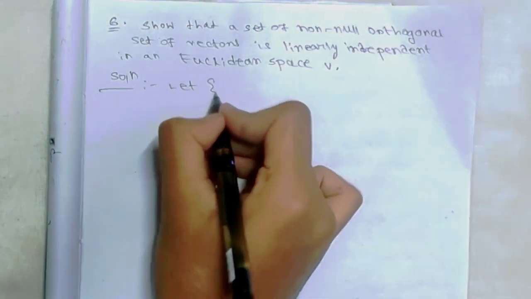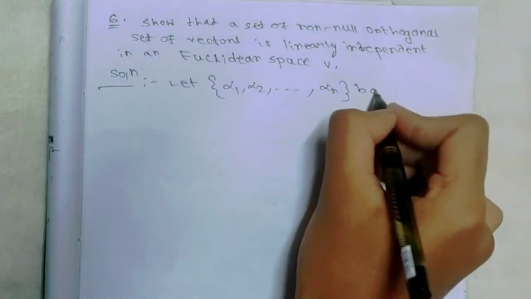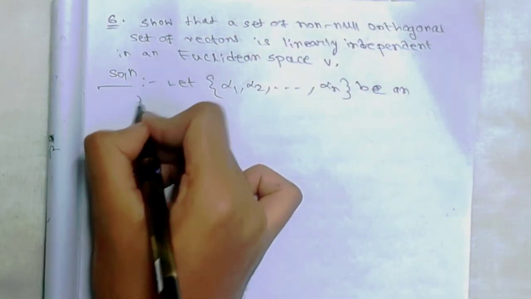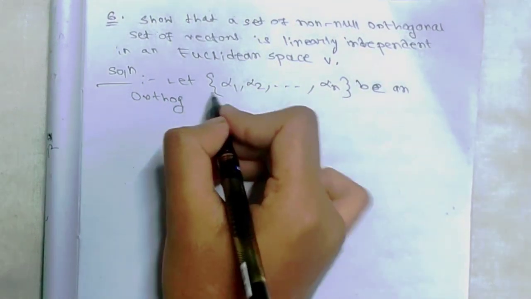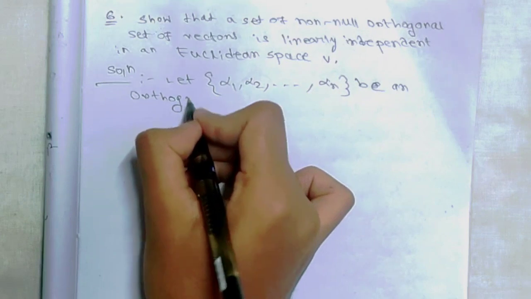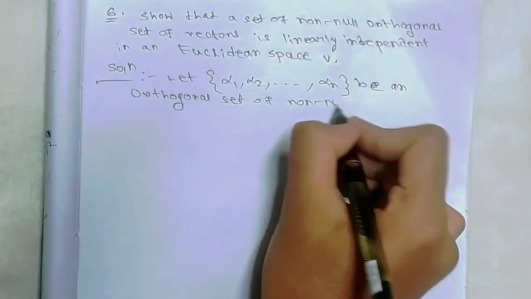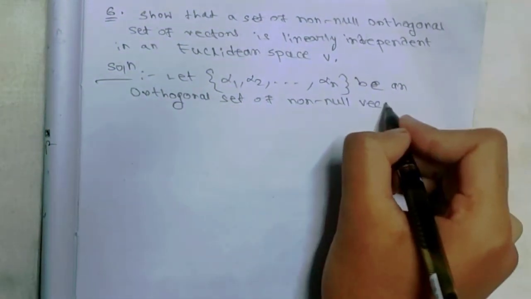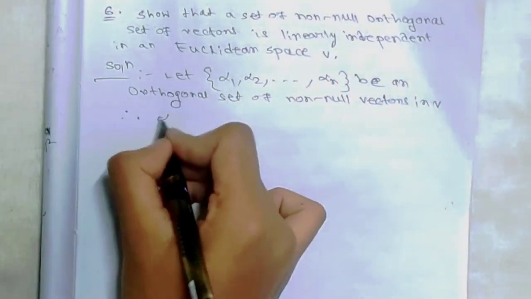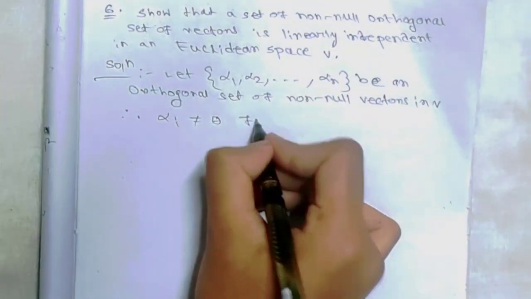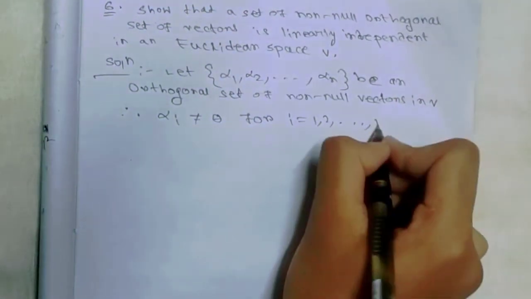Let alpha 1, alpha 2, ..., alpha n be an orthogonal set of non-null vectors in V. Therefore alpha i is not equal to theta for i equals 1, 2, ..., n.